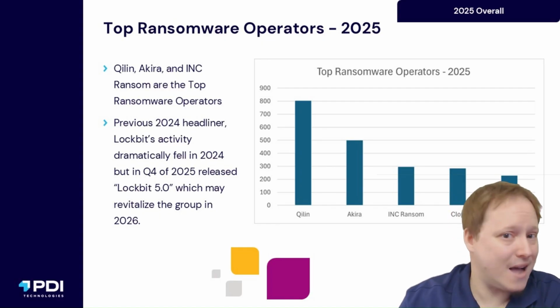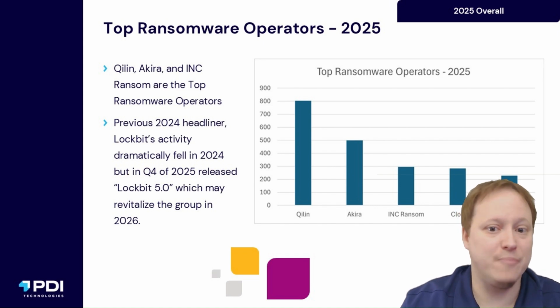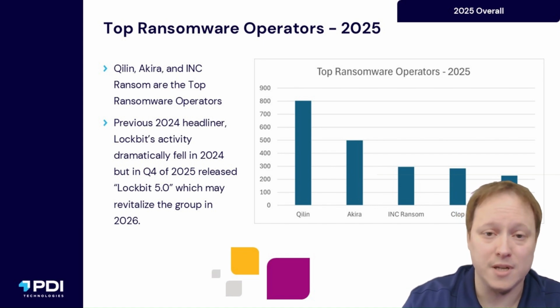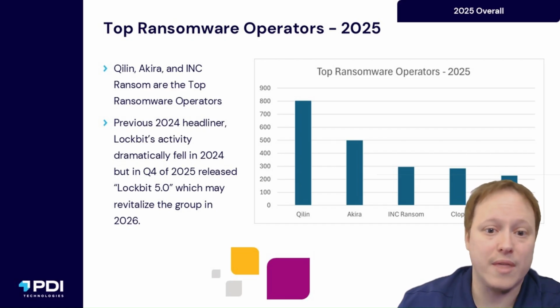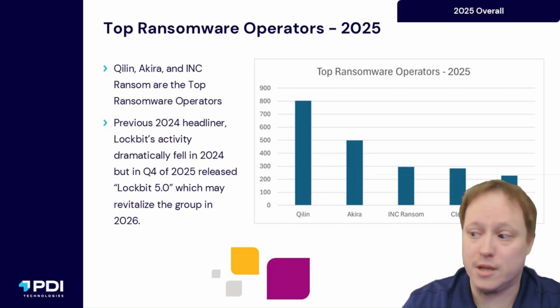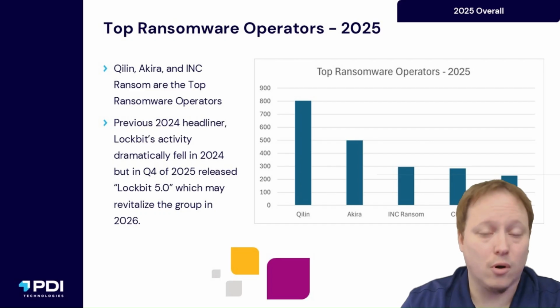Although Lockbit has announced a new version now, a 5.0, and with that announcement, we may see a bit of a revitalization with them in 2026. Time will tell, and we'll continue to monitor for that. I would expect, though, these ransomware operators that I've mentioned and that we see here in general to be very prevalent and maintain their levels of activity unless they are disrupted by future law enforcement operations.